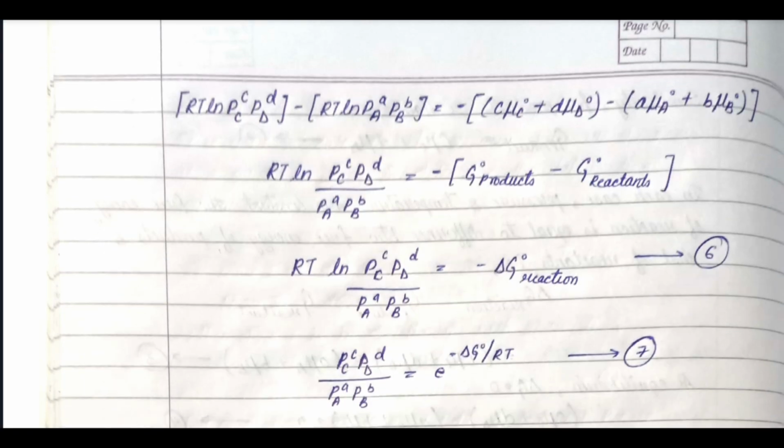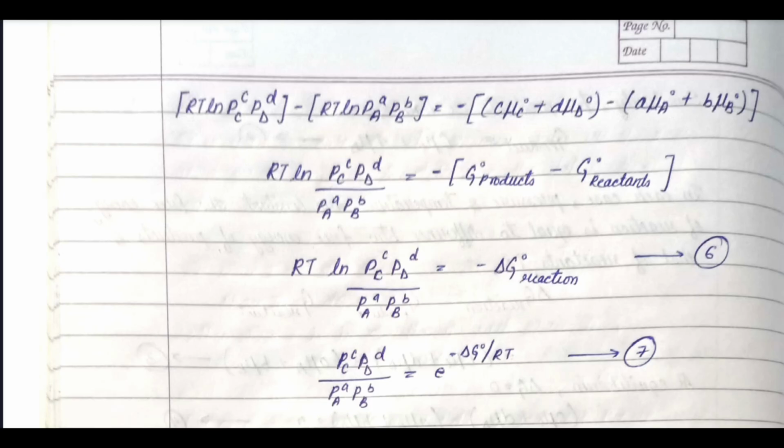So RT ln of PC to the power c times PD to the power d, minus RT ln of PA to the power a times PB to the power b, equals minus (c mu C naught + d mu D naught minus a mu A naught plus b mu B naught).